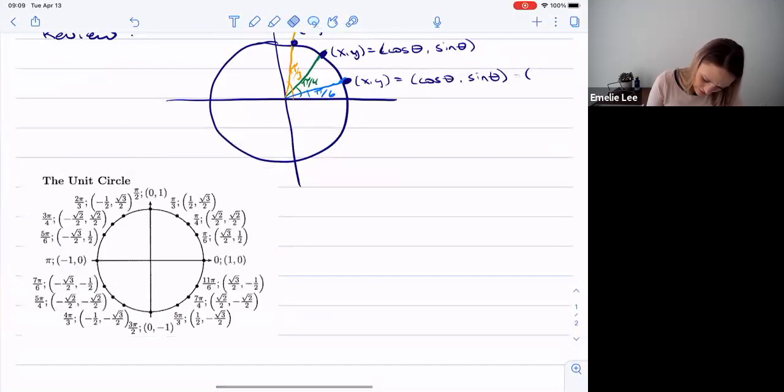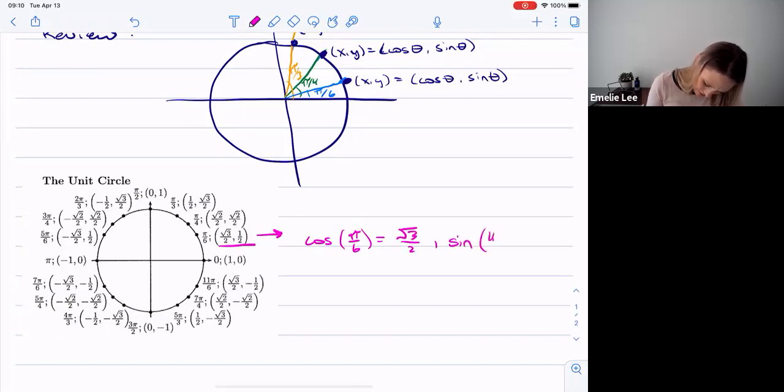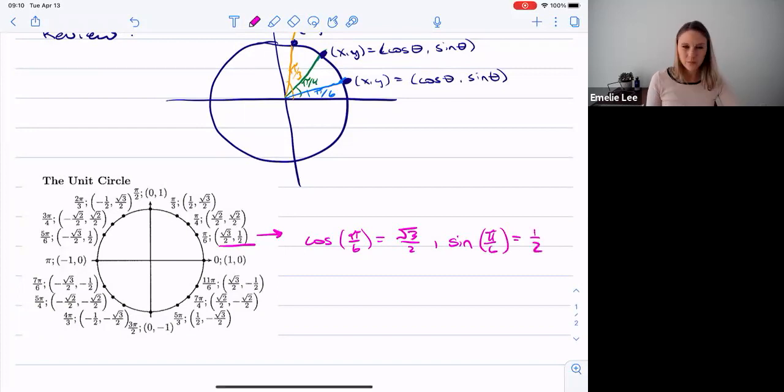And maybe I'll just skip that and say that, okay, well here, this tells me that the cosine of pi over 6 is root 3 over 2, and the sine of pi over 6 is 1 over 2, 1/2. Right, that's what those things are telling us.